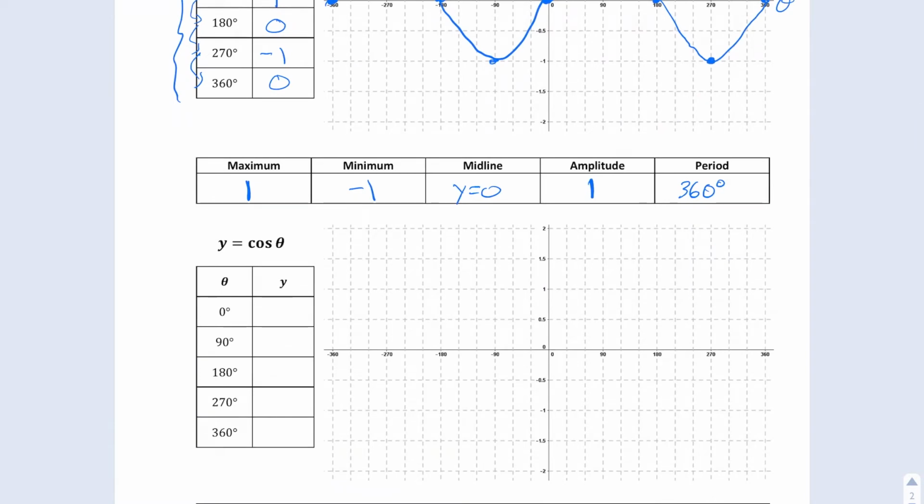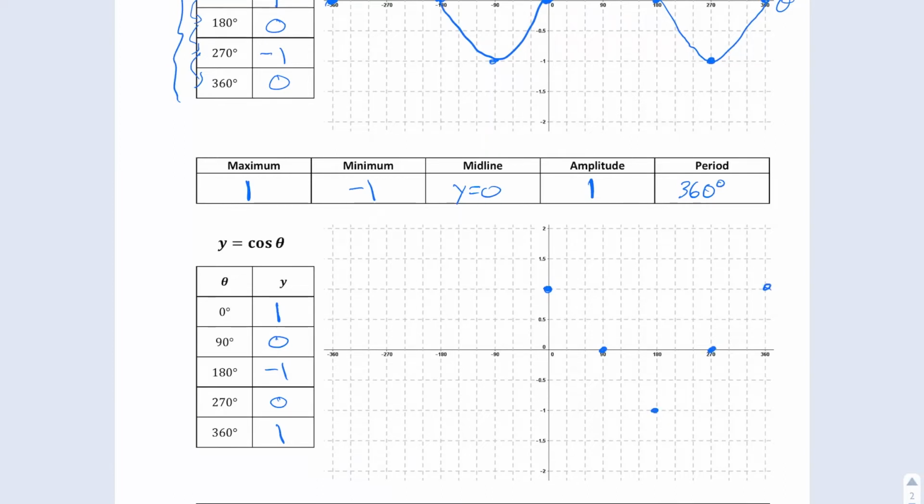And so if we move on to cosine, cosine is going to be very similar. We're going to use the same x values to plug in. Only now, instead of starting at 0, 0, we'll plug in cosine of 0, and you get the value of 1. So we actually start up here. Then cosine of 90 goes down to 0, and you can plug these all in. And by 360, we end up at the same point that we were at 0.